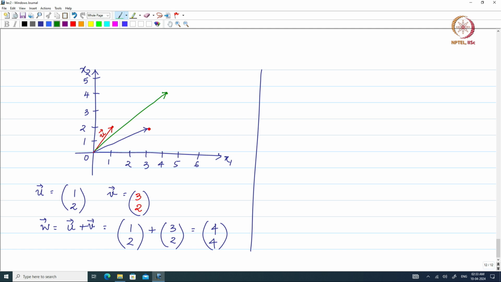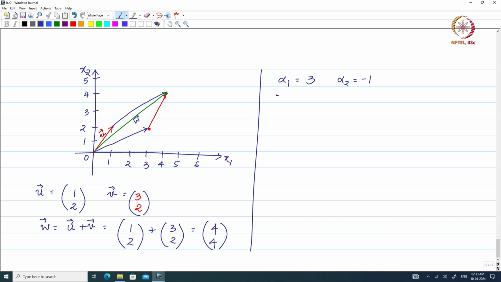We already saw in the previous class that we can construct a parallelogram here. So, this goes here and you draw that in parallel. So, this is the point that we get, which is the vector w. Is that okay? That makes a lot of sense. Now, you can scale the vectors, you could do some scaling factors. Suppose I take alpha 1 equal to 3 and alpha 2 equal to minus 1.